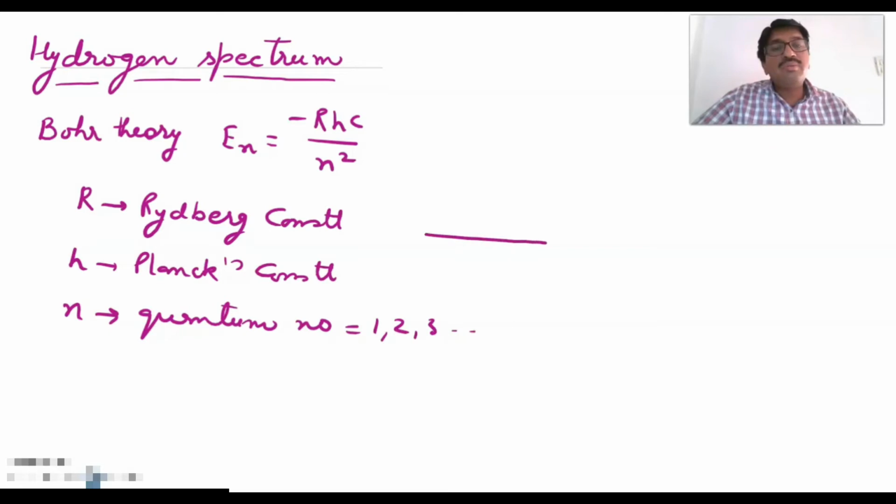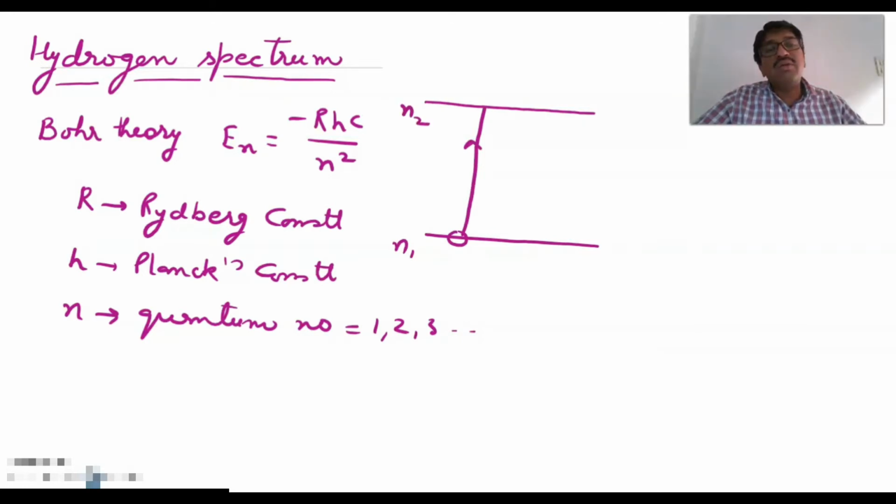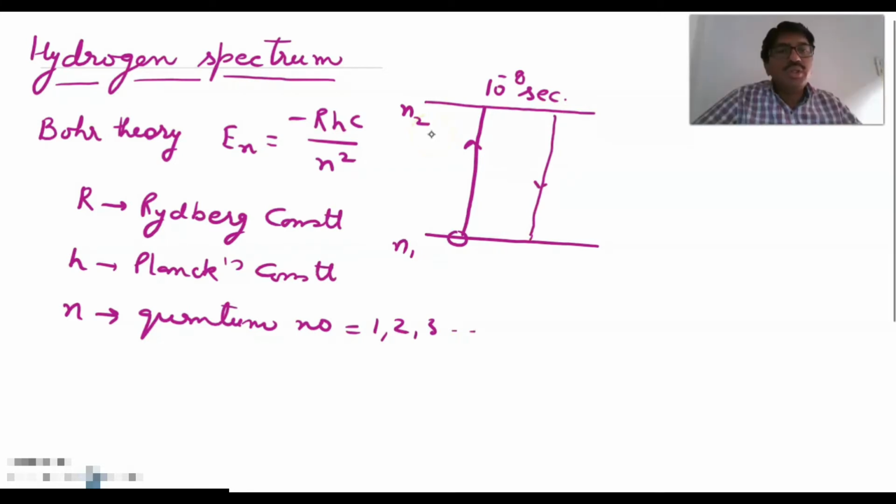Suppose an atom is absorbing energy from the n1 level, and it is transited from the n1 level to the n2 level. We know that at the excited level the lifetime of the atom is only 10 to the power minus 8 second. After that the atom has to come back, and during this a photon of energy h nu is released by the atom.